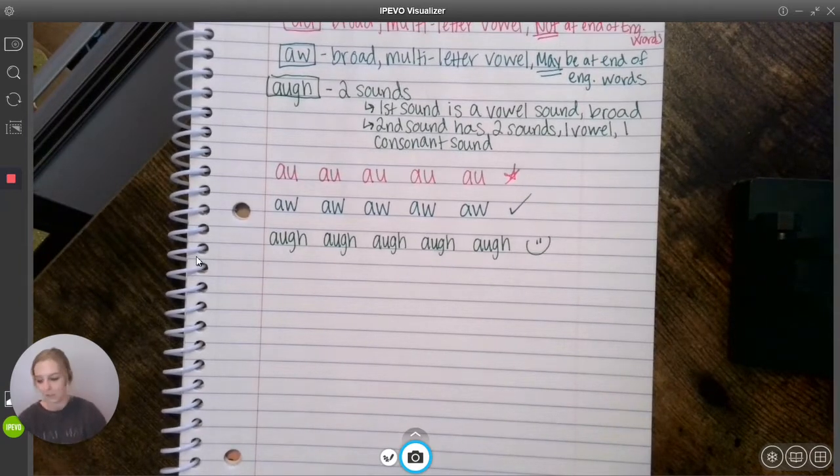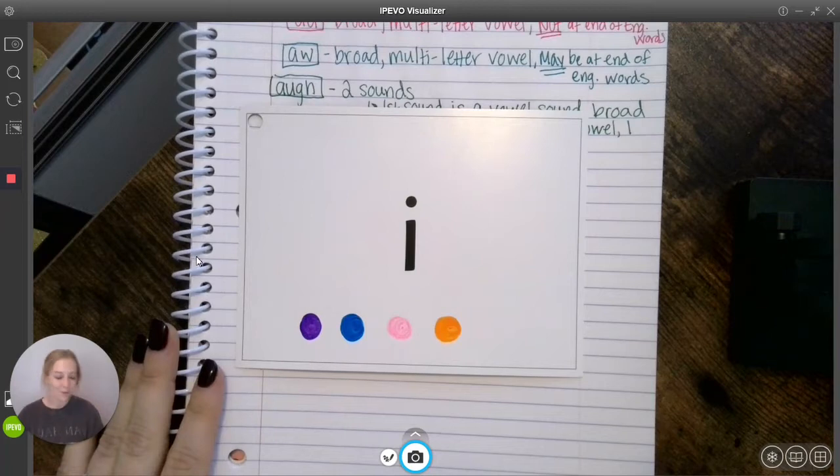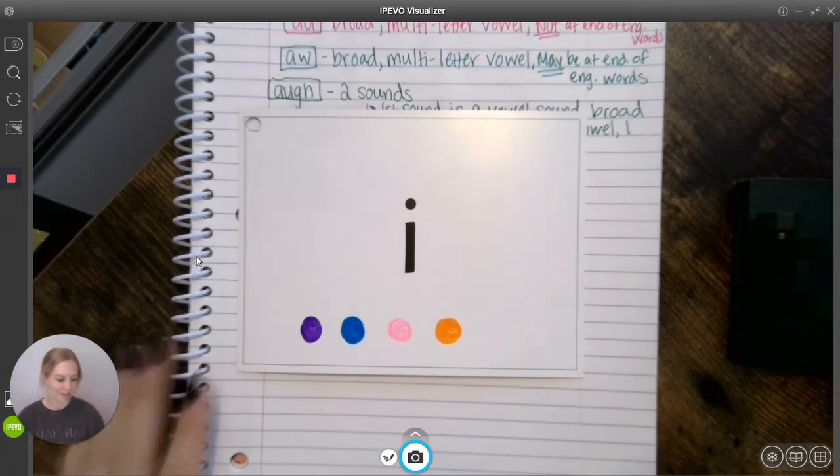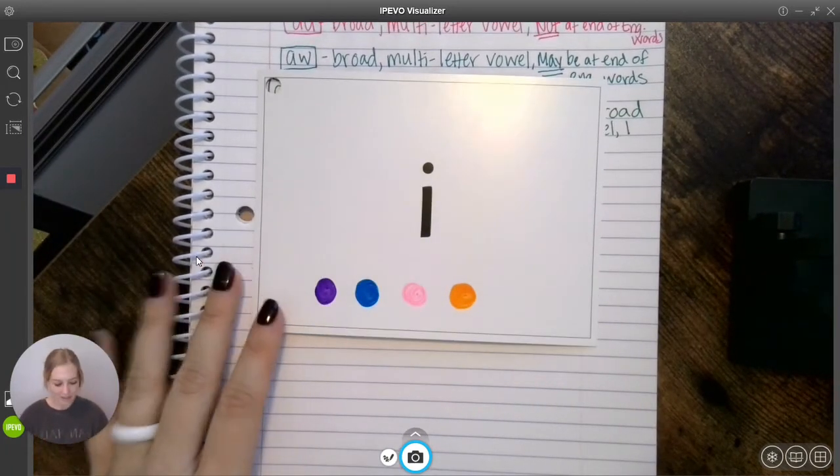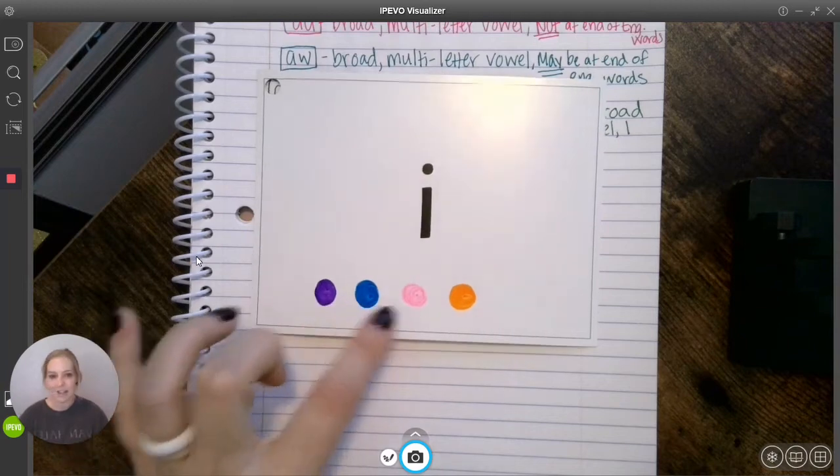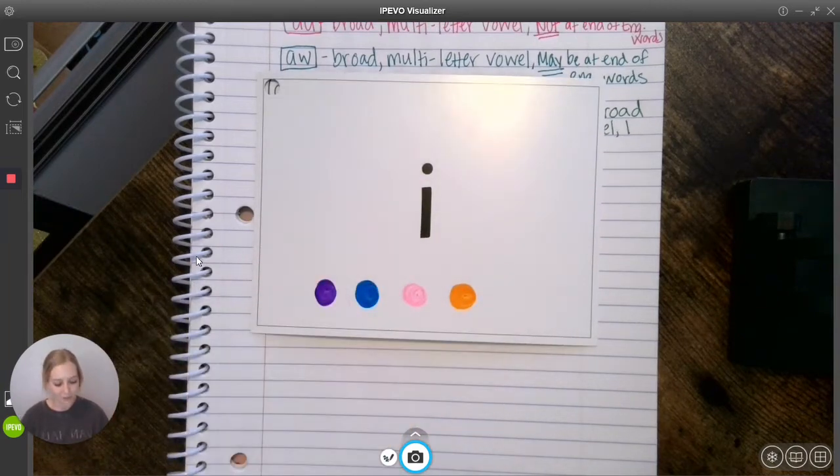All right, first one. Ready? Which one am I going to show you? Oh. What are these four sounds? I, Y. Good job. And which sound is the consonant sound?